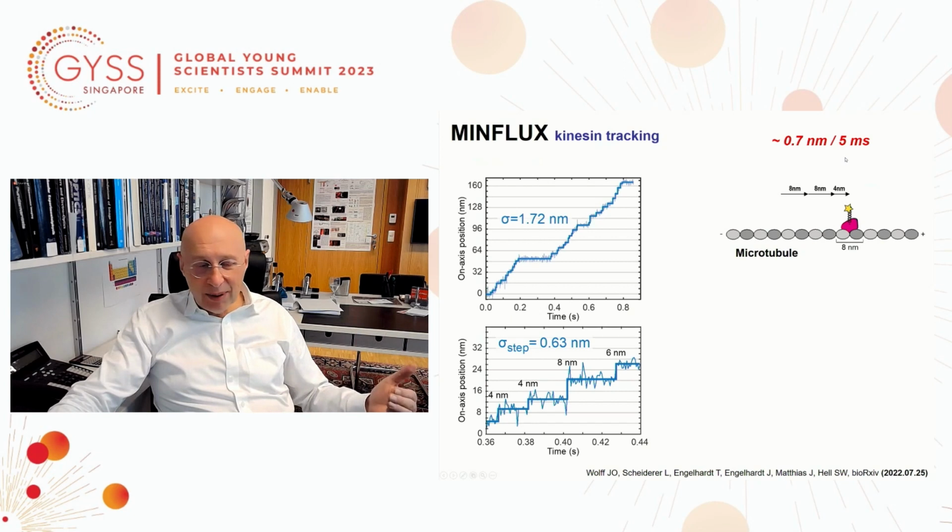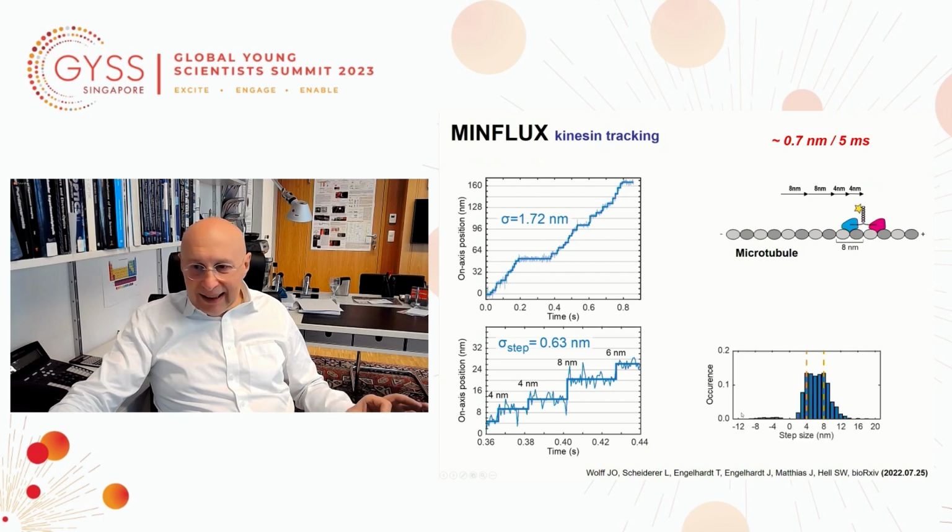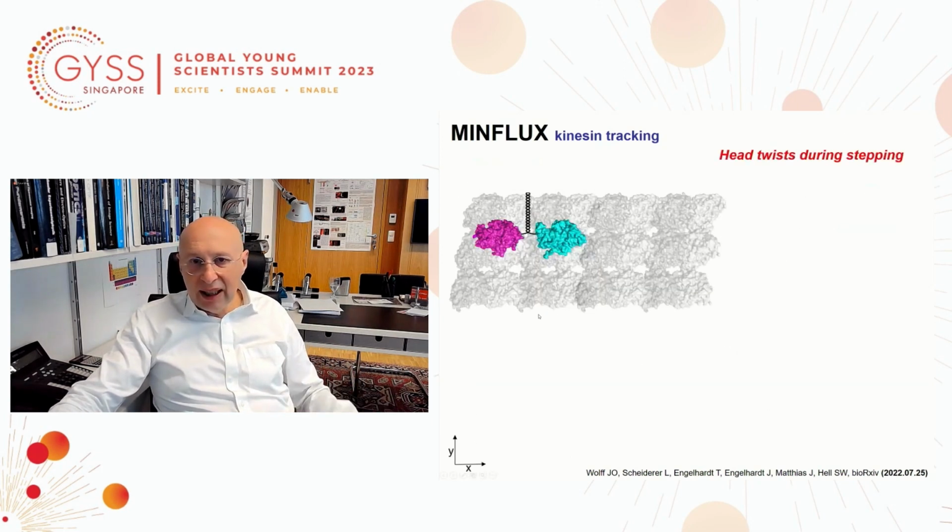In the past, because they required 100 times more photons, they needed 300 milliseconds to get the same precision. So we are faster. Then we can measure substeps, and the mechanistic details. Without boring you with the details of kinesin, I'm just indicating that we can measure much smaller steps because we can look with a higher temporal resolution into the details of the movement.